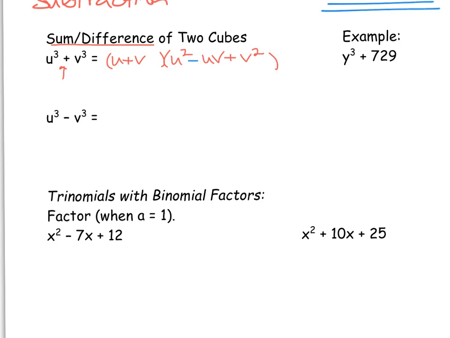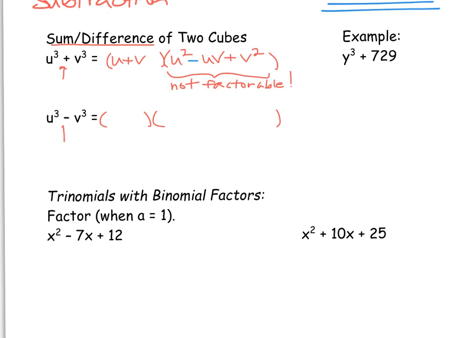Now you'll always have that small parenthesis and the big parenthesis, and this big parenthesis will never factor further. So this is not factorable no matter how much it looks like it could be. It will never factor any further than that quadratic term. The difference, when it's subtraction, is just a couple of things.